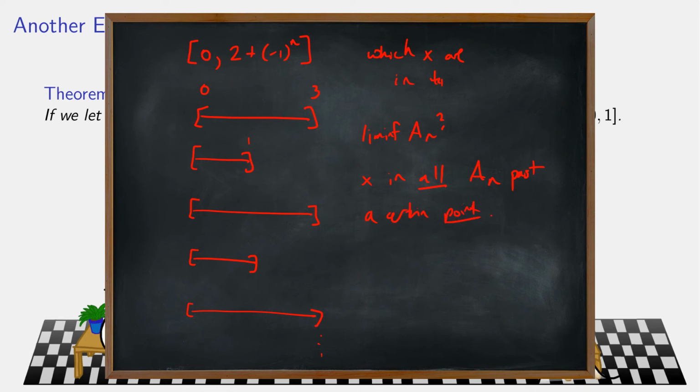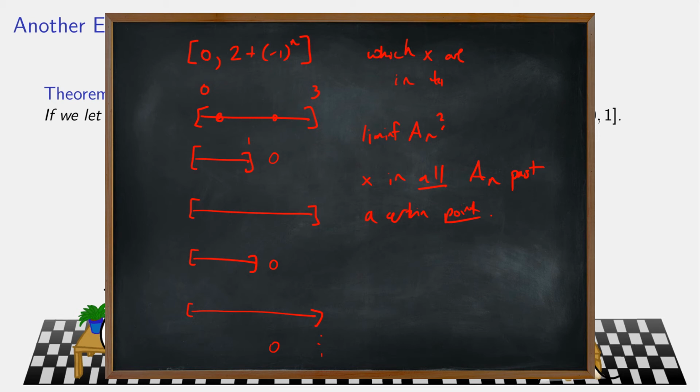There must be some point past which x is in every single remaining set. But since these just go back and forth, notice if you're in between 0 and 1, you're in all of them. So you're in all of the sets past the first one. But if you're bigger than 1, there's always going to be times that you're missed. I can never say, oh, cut off the first 350 sets and past that point, 1.5 is in all of them.